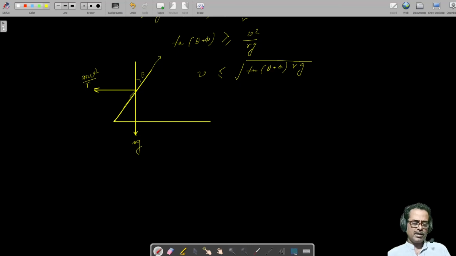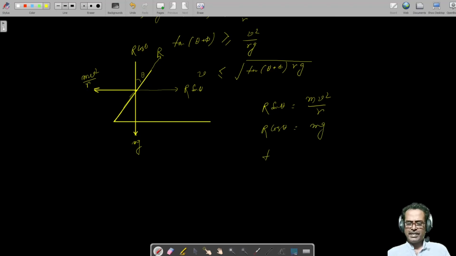Okay, this is the reaction. So R cos theta should be equal to mg, and R sin theta should be equal to mv square by r.